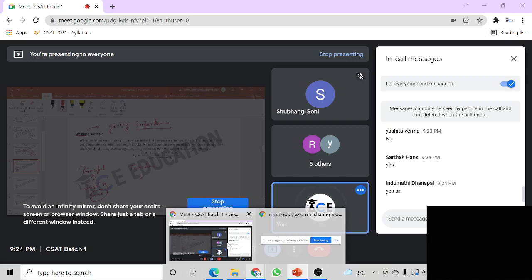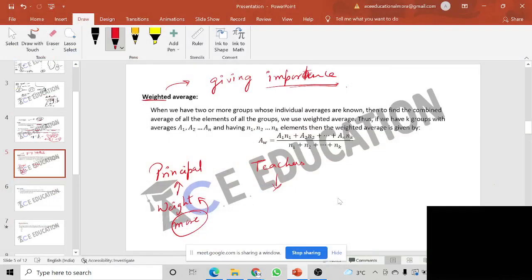Yep, perfect. Alright, so usually weighted average questions do not come that much, but sometimes they have appeared. We apply a very simple concept. This definition is making it a little difficult, so I'll give you another example.